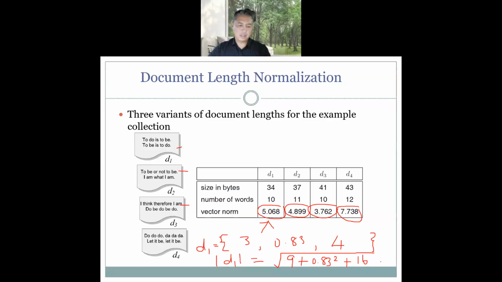So square root of this, you get 5.068. So this value will be this one.